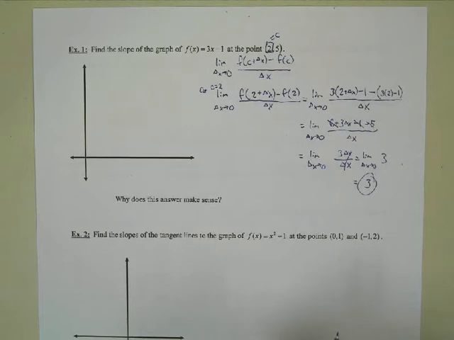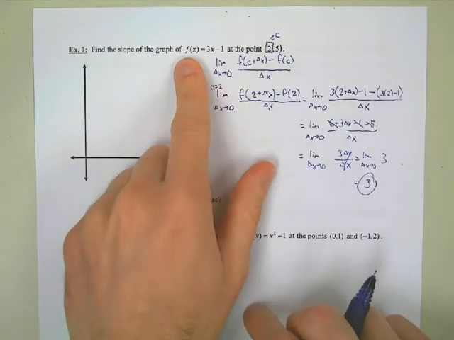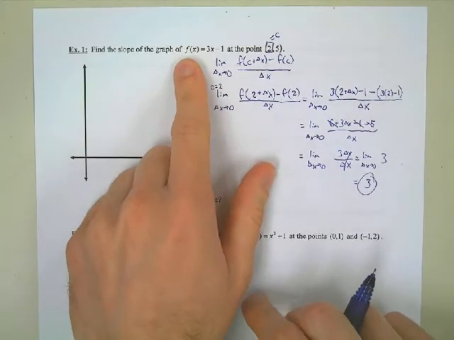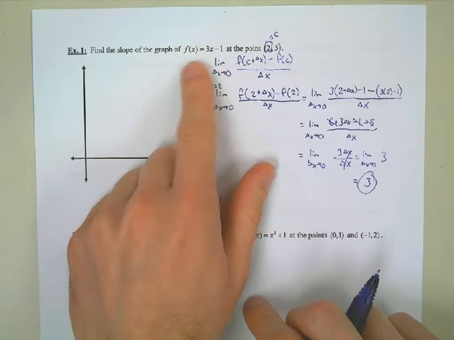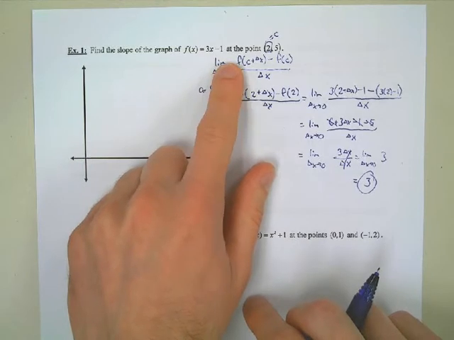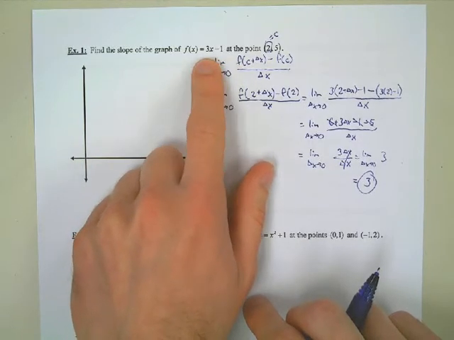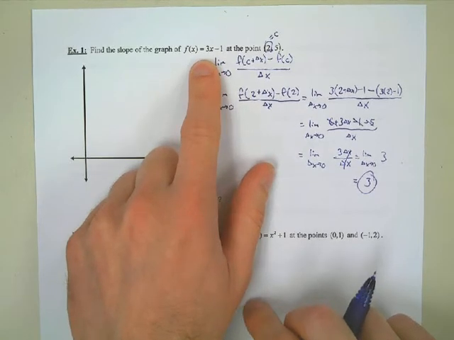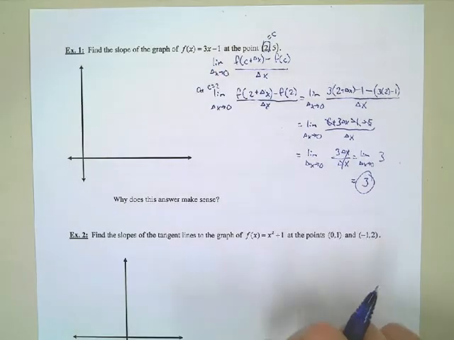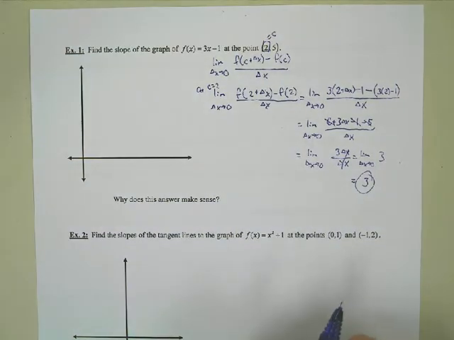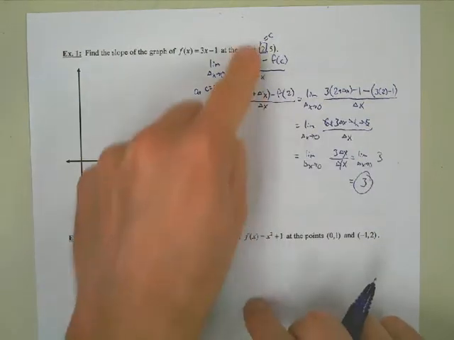So let's not miss out. Sometimes people can't see the forest for the trees, right? The answer was always right in front of us for this one, about what our slope was going to be. This is the equation of a straight line, and it's in slope-intercept form. The slope of this line is 3. Does the slope of a line ever change? No. So at any point along my line, I had better end up with a slope of 3 at an instant.